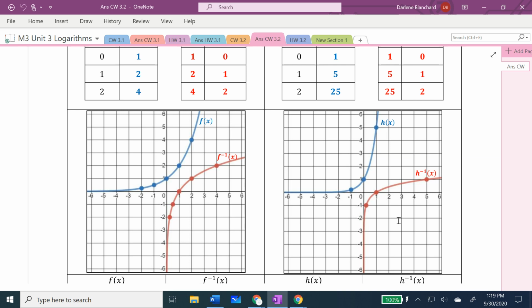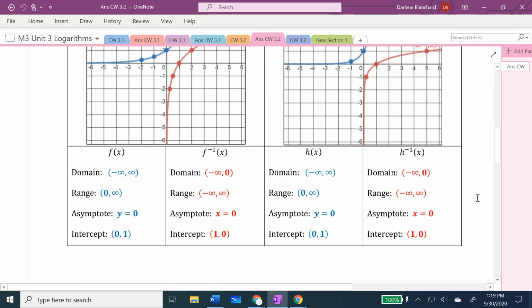It's close to doing that. But all of them go through the point 1, 0. As far as domain and range and all the asymptotes and intercepts go, this is identical to the previous problem. So every one of your log functions as a parent graph.